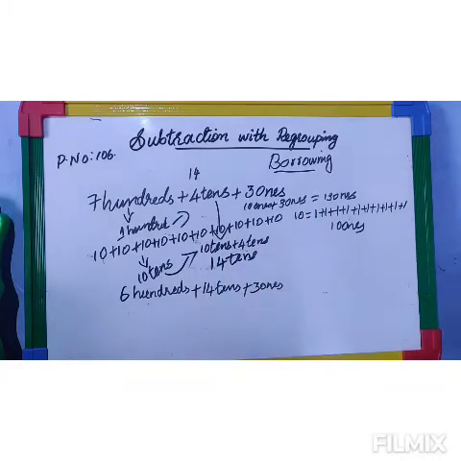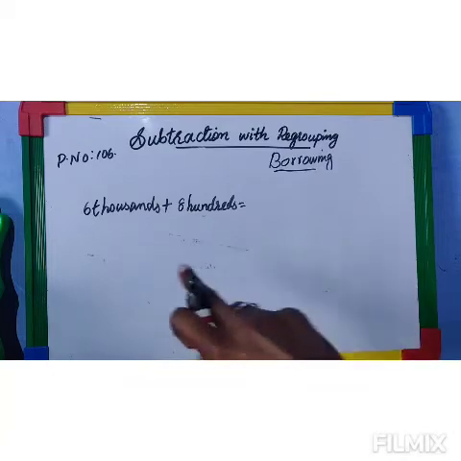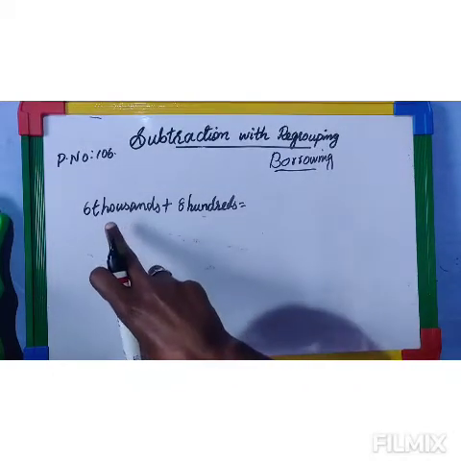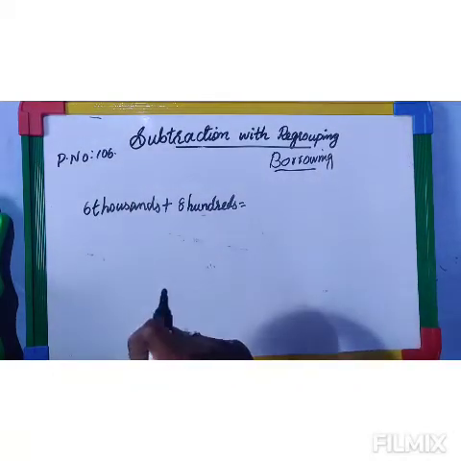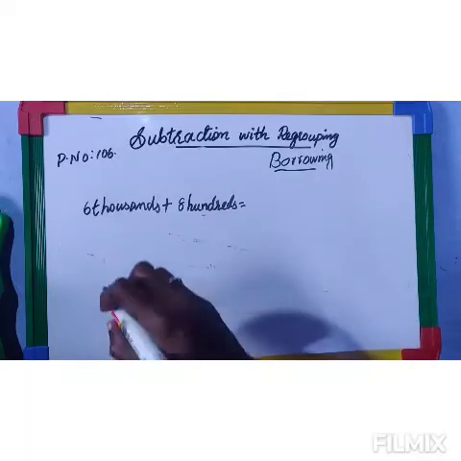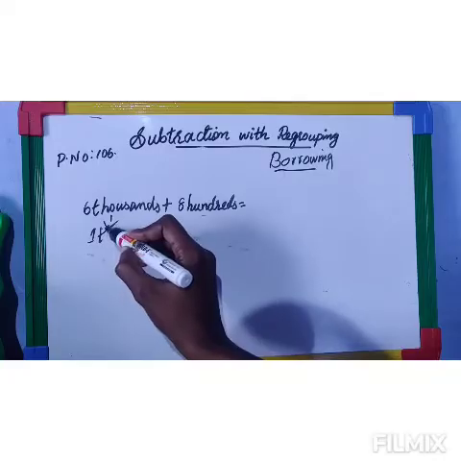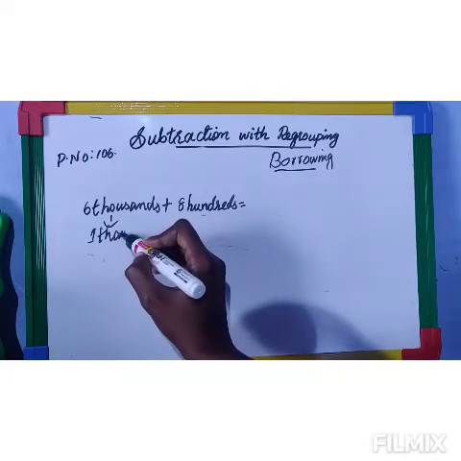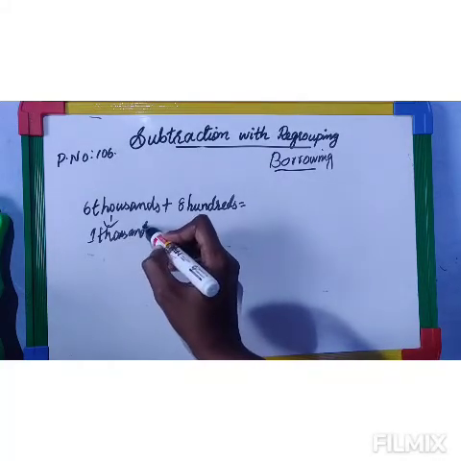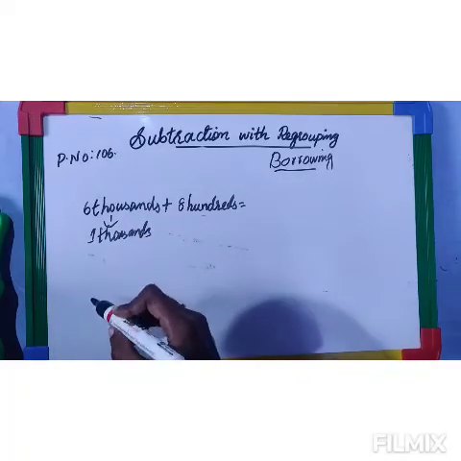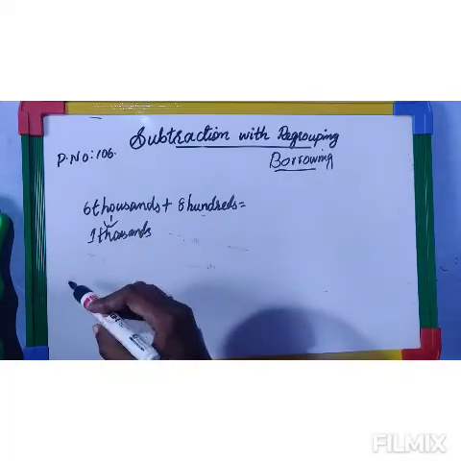Let me give one more example. Now from the thousands group we will group 1000 to the hundreds group. So from here we are taking 1000 out, and we are taking it to the hundreds group. So you have to convert this 1000 into hundreds. In 1000, how many hundreds are there?